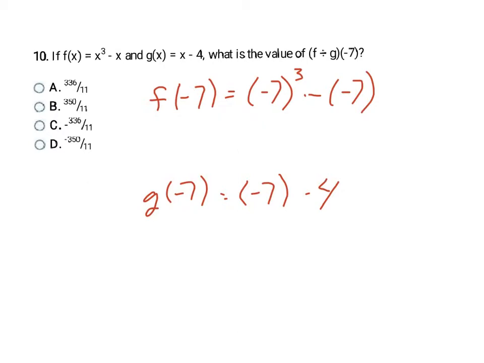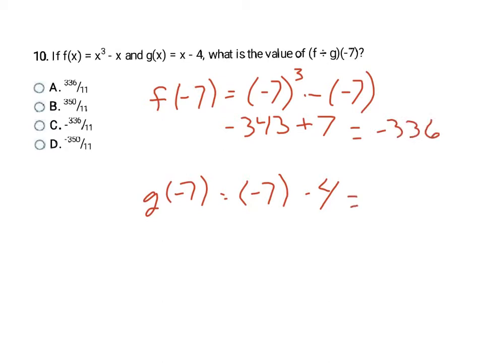Okay, so here, -7 cubed is going to be -343. And then a minus a negative is the same as adding 7. And when I add 7 to that, I get -336.